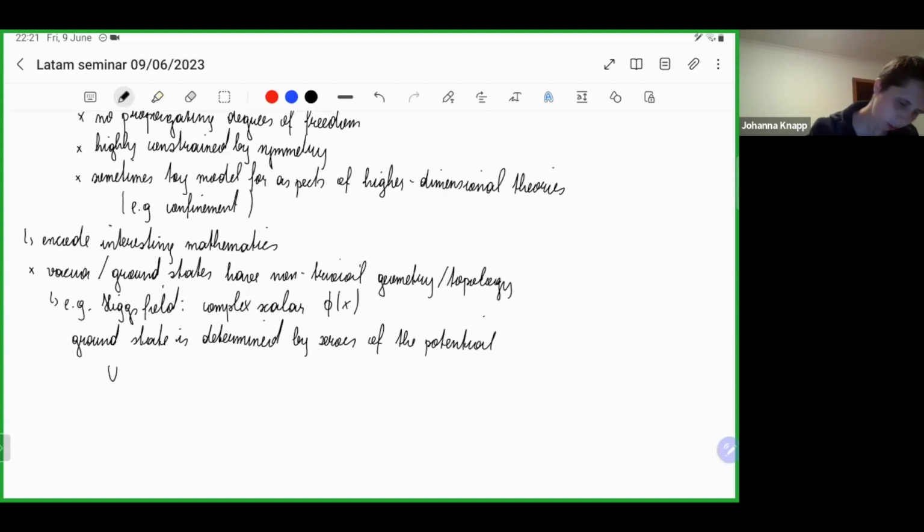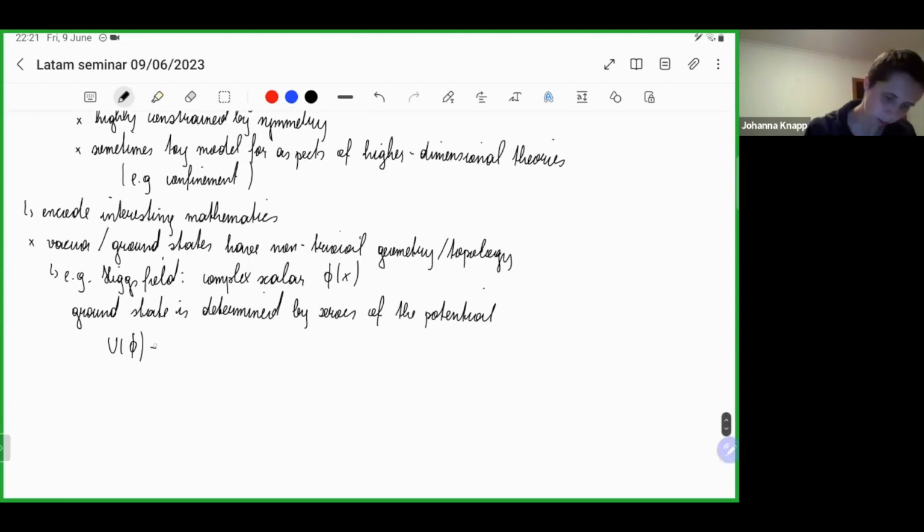For the Higgs field, I will denote the potential by U, and I will only ever discuss potential interaction terms for scalar fields today. You have some coupling constant G. And then you have this famous fourth order potential.